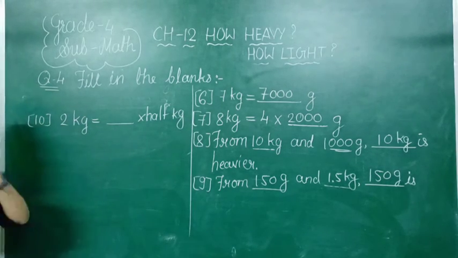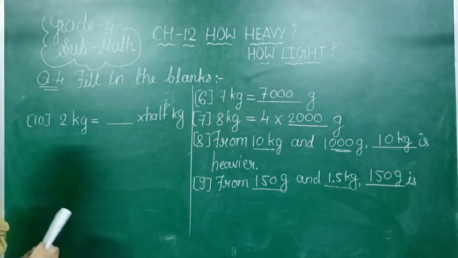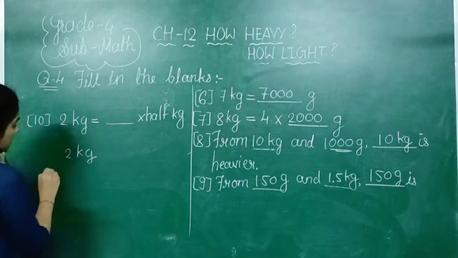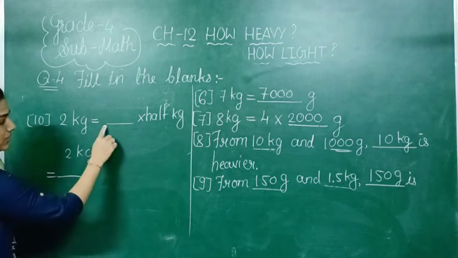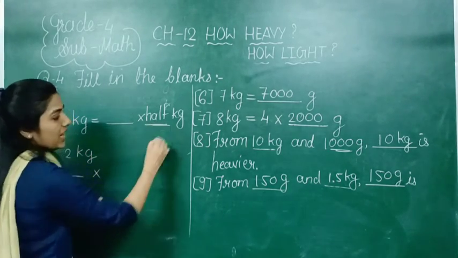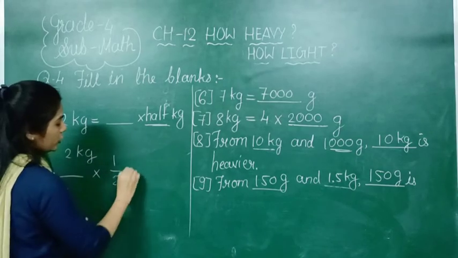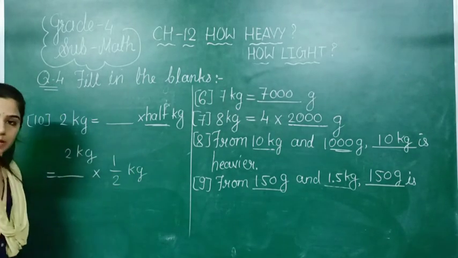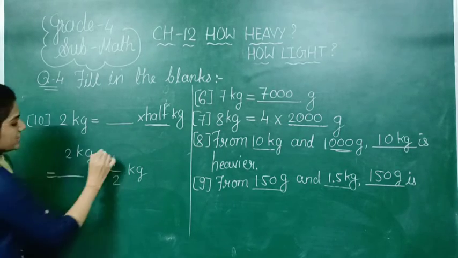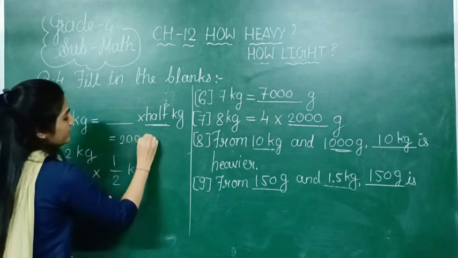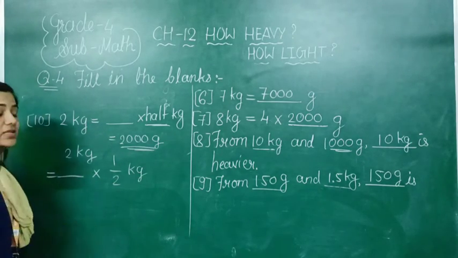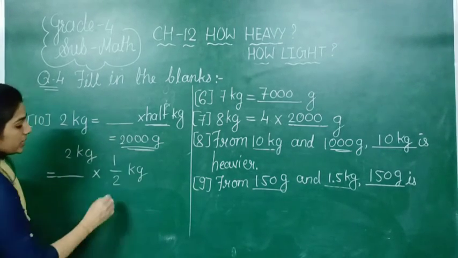See, first of all we want to make this 2 kg. 2 kg is equal to blank multiplied by half. So for this word half we can write 1 upon 2 kg, right? Now 2 kg means we can say 2000 gram.